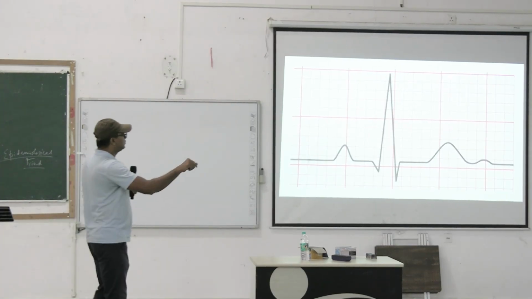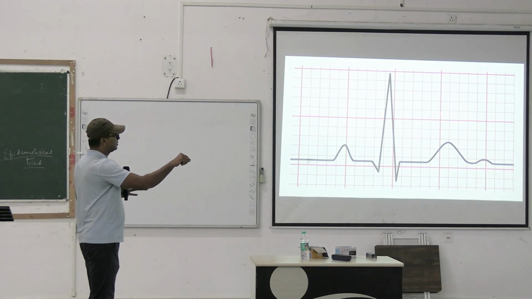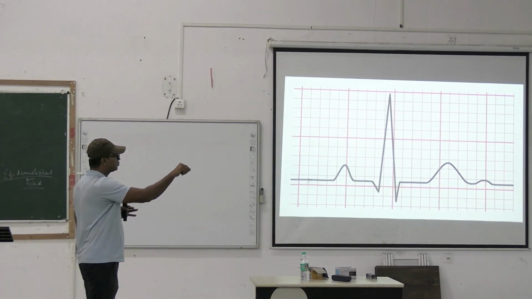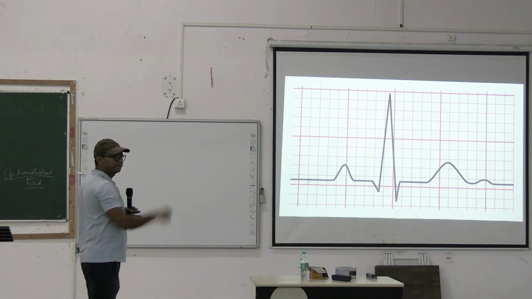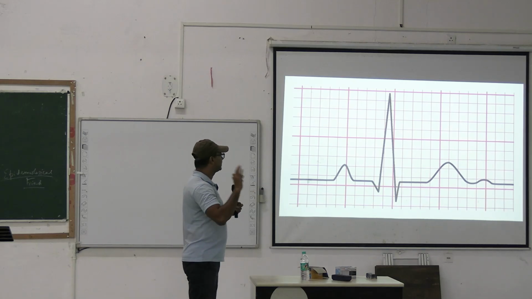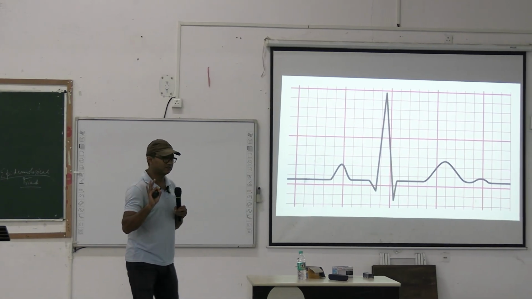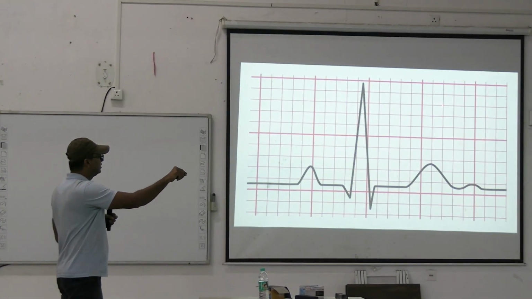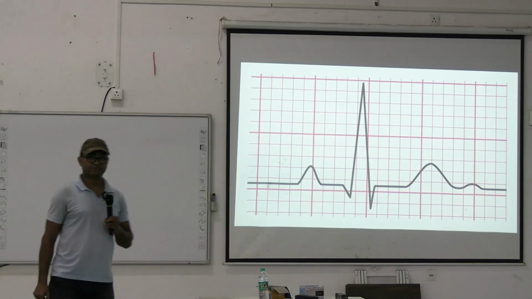So, in the graph you see, first do not look at the ECG curve, just look at the graph. You have a big square and you have a small square, right. Each big or large square contains 25 small squares, clear?